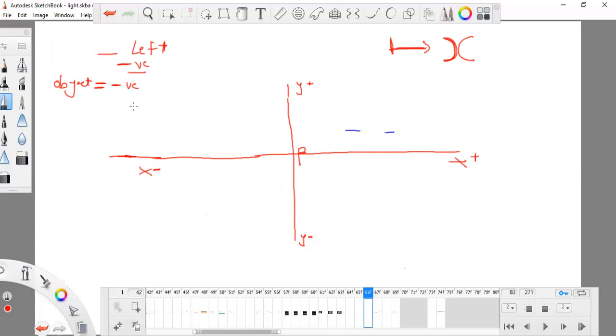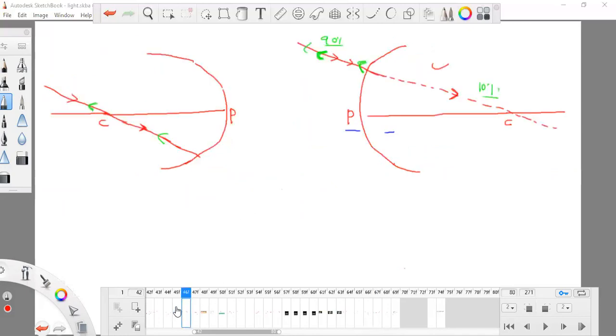Rather than this, the image can be formed at this side or at this side. Then there is the focal length, which is small f.